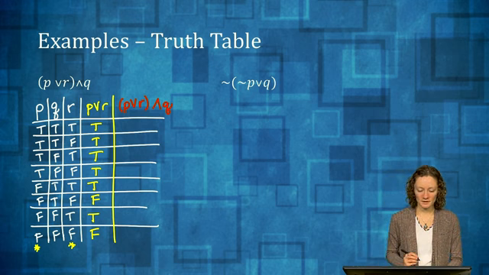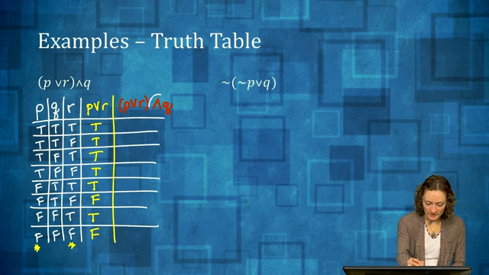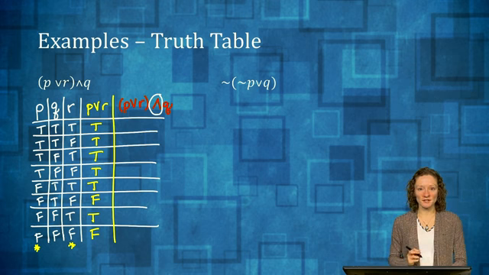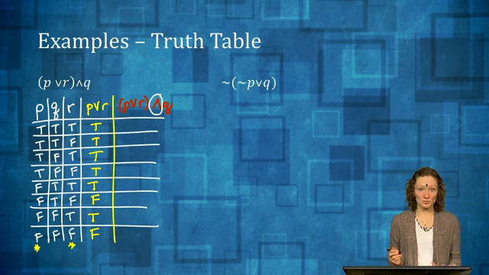It's important to note which symbol we're focused on, because you see 2 symbols here, but we've already done the OR. We've already done that. We are now focused on pulling 2 things together with the conjunction. So which 2 columns are we focused on? We want the one we just did, which is the parentheses. And then we also need Q. Those are the 2 that are being pulled together.